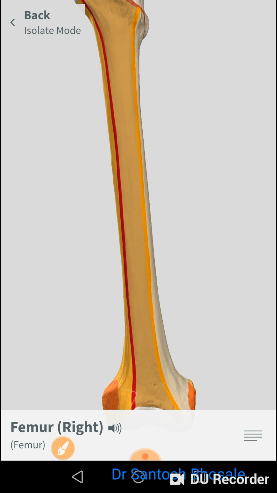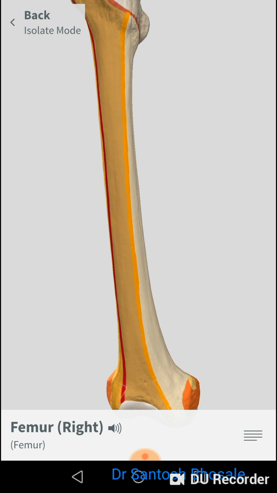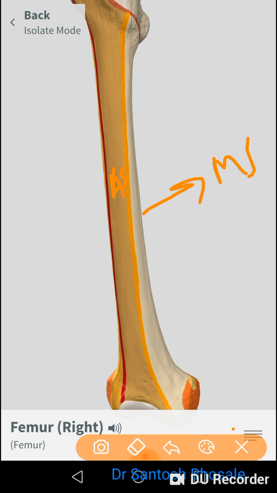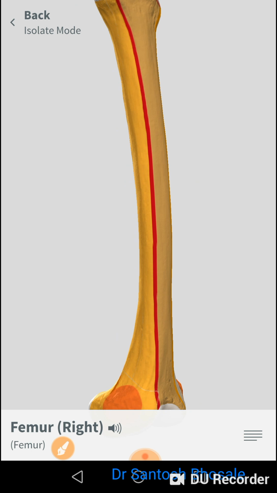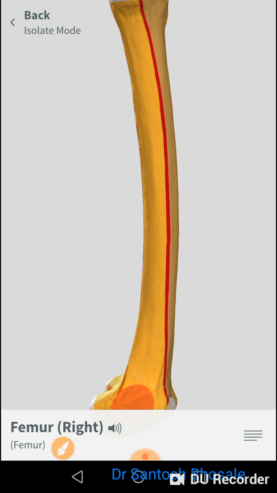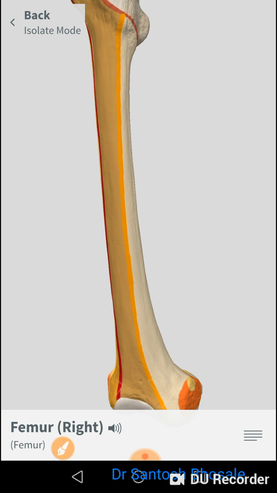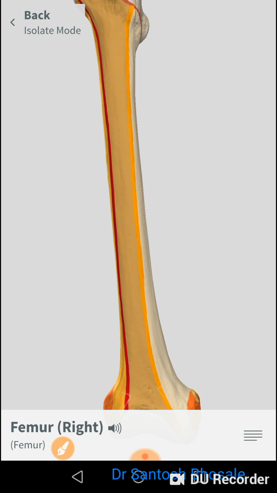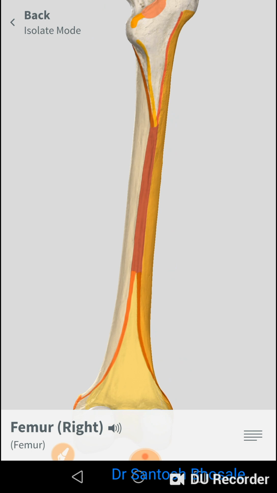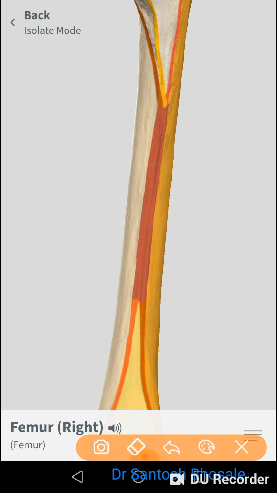In the middle third you can see these surfaces. This is the anterior surface, this is the medial surface, and if you go here, this is the lateral surface. So it presents three surfaces and three borders, whereas the medial and lateral borders are rounded. The posterior border is thickened and is called the linea aspera.